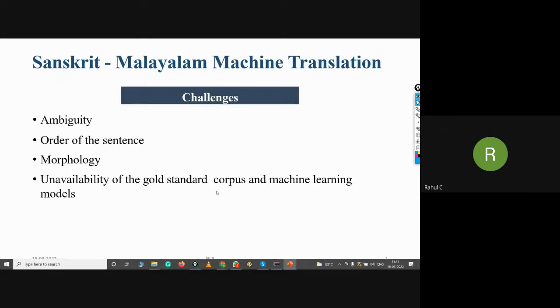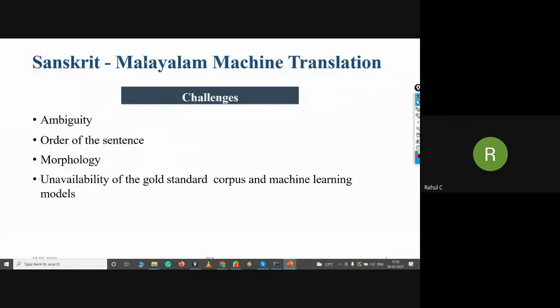I already explained that in order to perform neural machine translation, we need a huge collection of data. For this work, ready-made data is not available. So in order to implement these two languages, we need to develop our own corpus. Whatever your research may be, according to the source and target language, you should be able to generate the data.